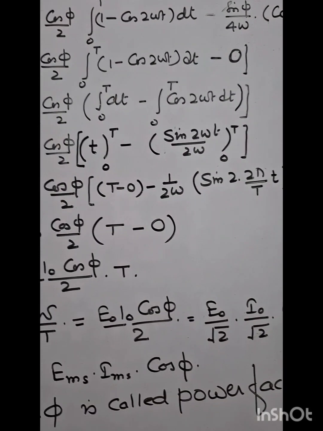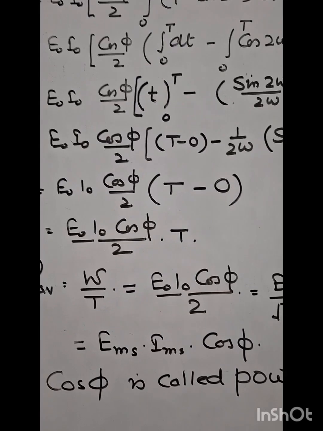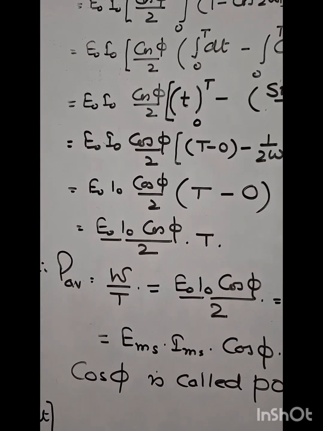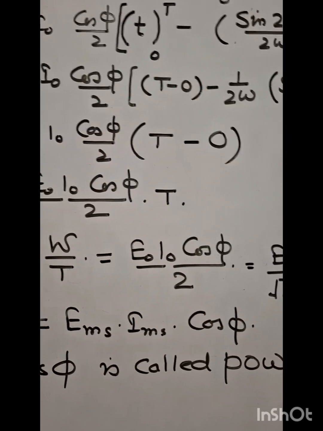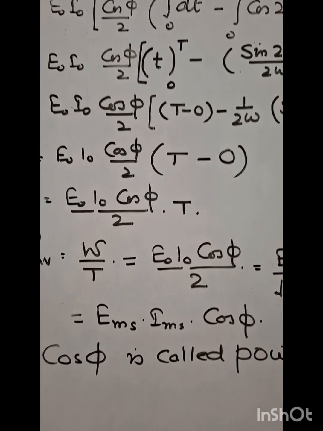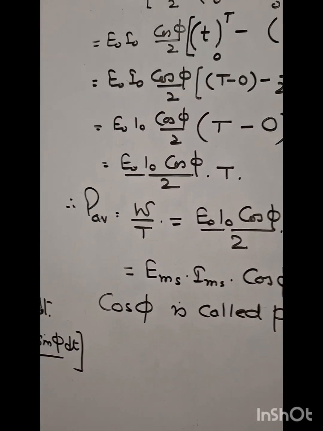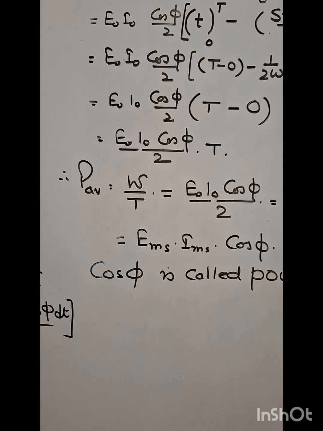So this integration simply reduces to W is equal to E naught I naught cos phi by 2 into T. This is the work done over one complete cycle.